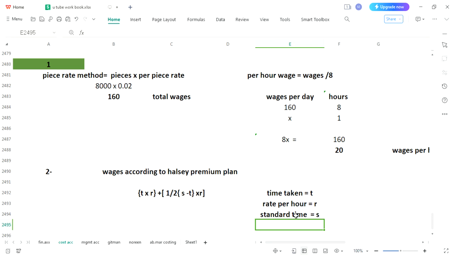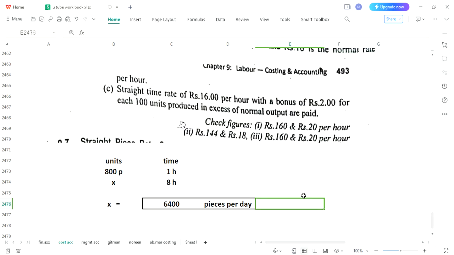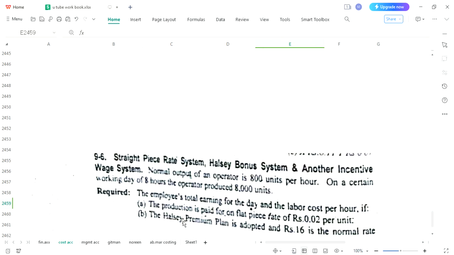So it's time to see how much time this worker has taken. As you know, it was described that he completed an 8 hour shift, a working day of 8 hours.